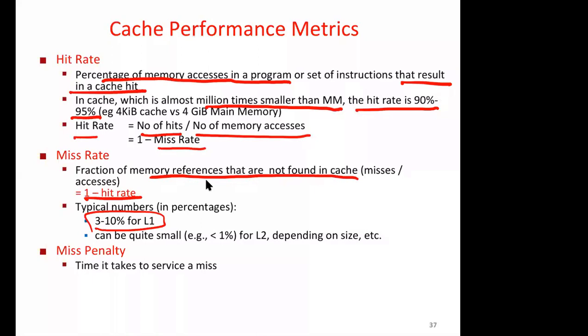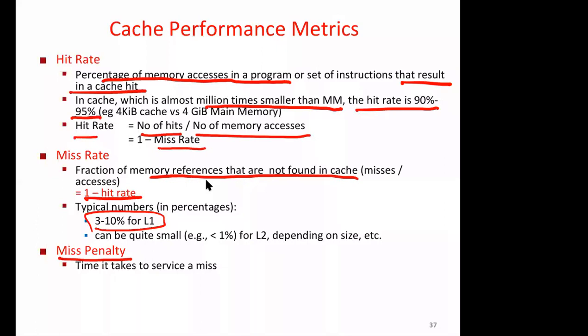The third important parameter is the miss penalty. If something you are looking for is not available in cache, then there is a penalty, because you have to bring it from a lower level. It may not be there in the second level, L2, then you have to bring it from L3.